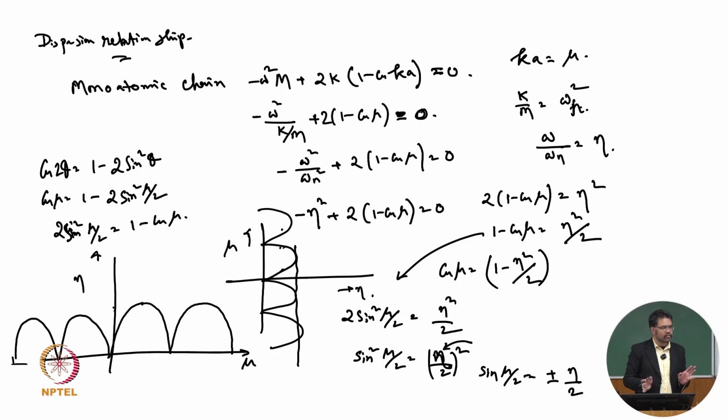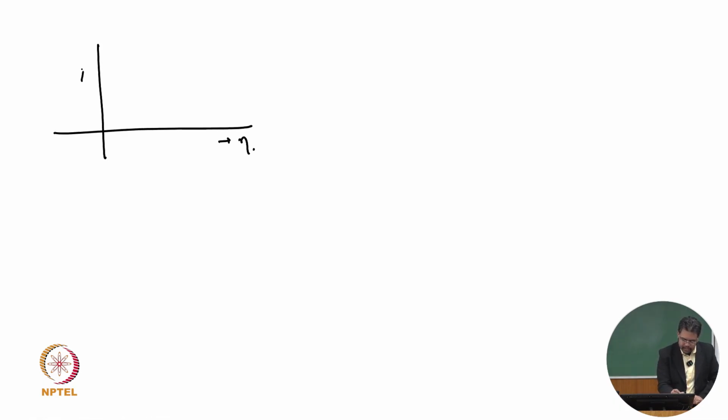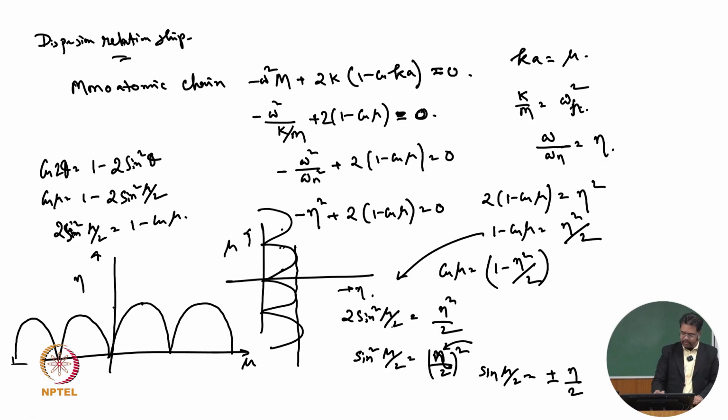Agreed? Now, if we try to draw a simpler version of it, this is my eta axis, this is my mu axis, and my solution will go up and end like this. What should be the value of mu here? Think. What should be this value?